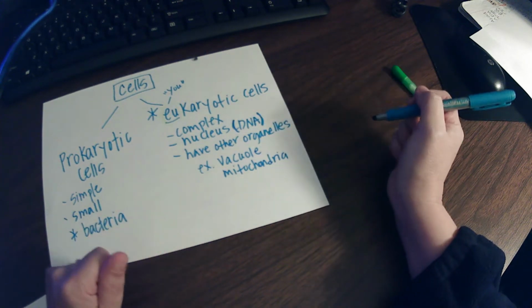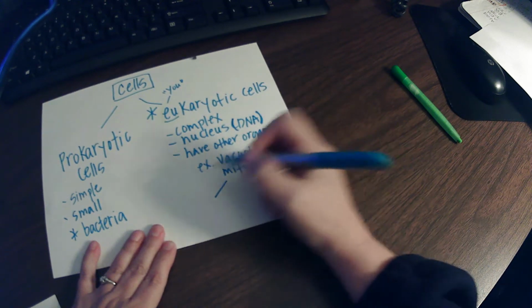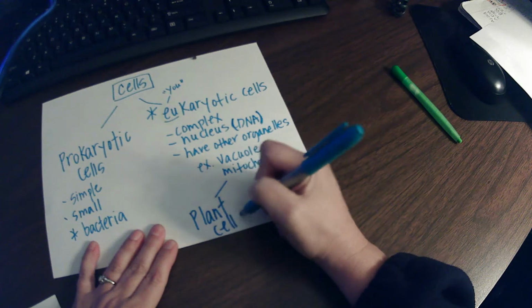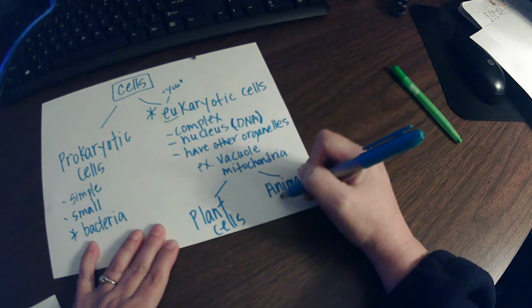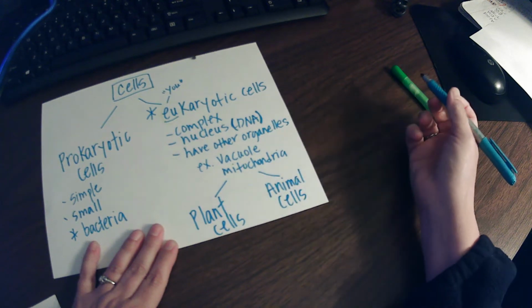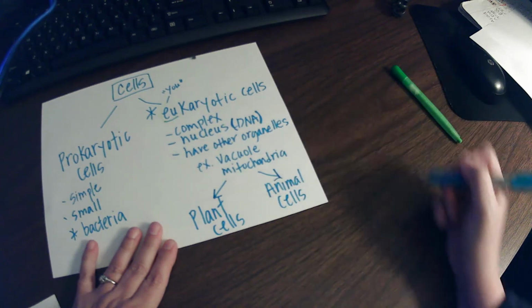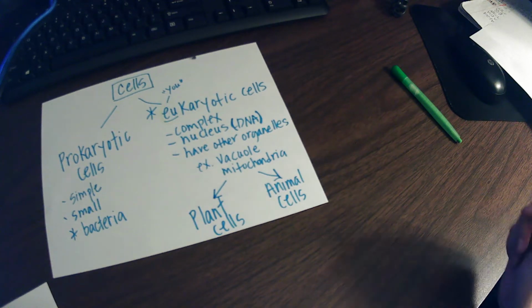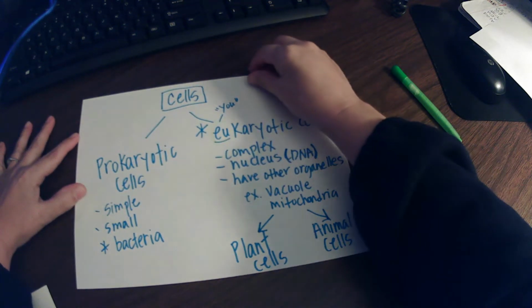Two types of eukaryotic cells I want to focus on: plant and animal cells. Okay, this is what we're going to focus on. If you need to pause to get all these notes, please do.